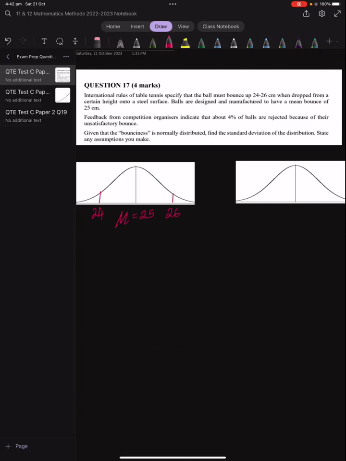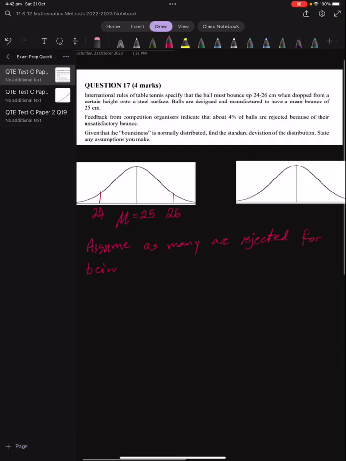Well, okay, I guess they're designed to have a mean bounce of 25, so I'm going to assume that's true. And I'm going to assume as many are rejected for being too bouncy as not bouncy enough.